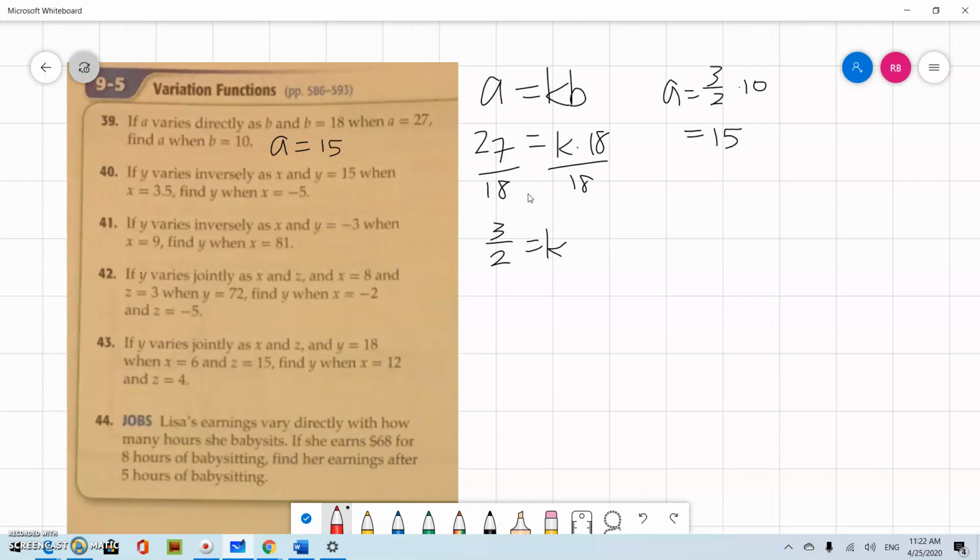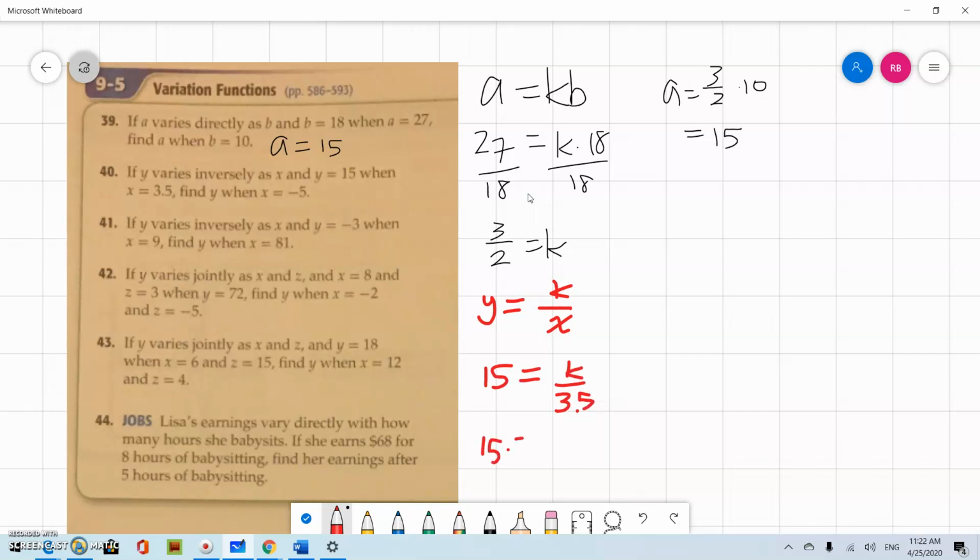Another type of variation was inversely varying. So number 40. It says if y varies inversely as x, remember inverse meant the x goes in the denominator, and y is 15 when x is 35.